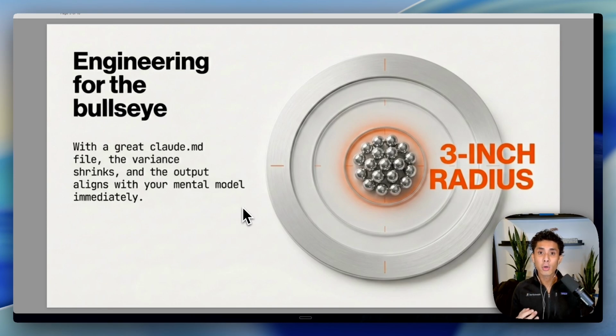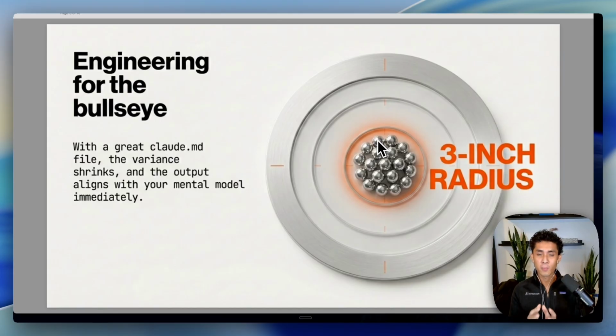If you invest the time it takes to actually build out that Claude.md file, then starting from your first prompt, you are at least going to land within a 3-inch radius of the bullseye, so that any prompting that you do after the first is going to take so much less time to get you to the result that you want.